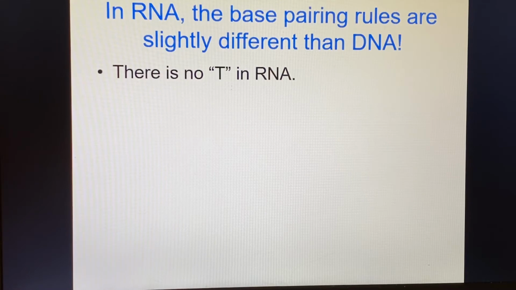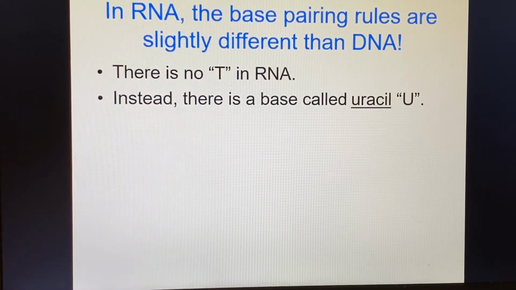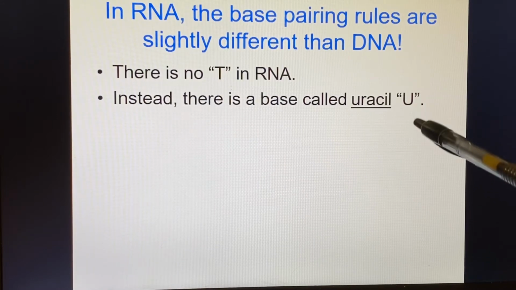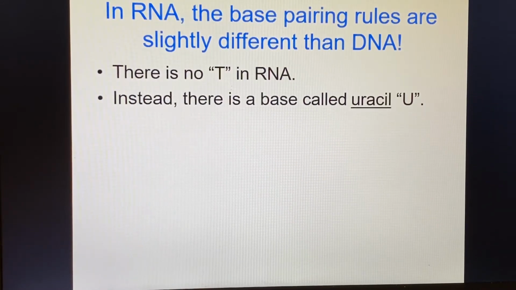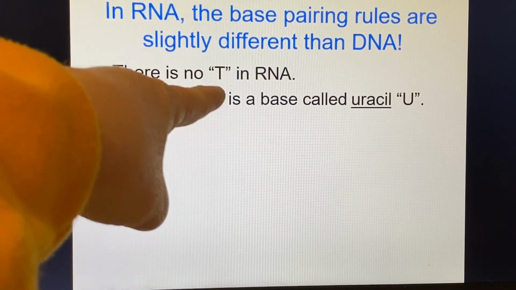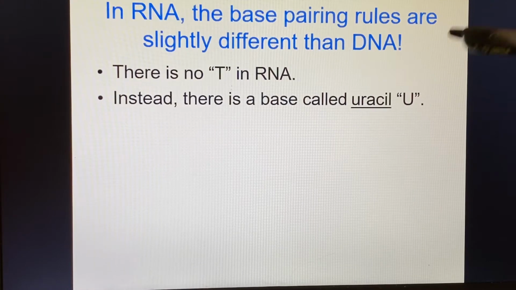In RNA, instead of T, there is a base called uracil, which we abbreviate U. So for example, on a quiz or an exam, if I show you a sequence of nucleic acid and I ask you, is this DNA or RNA? If there's T's in it, it's DNA. If there's U's in it, it's RNA.